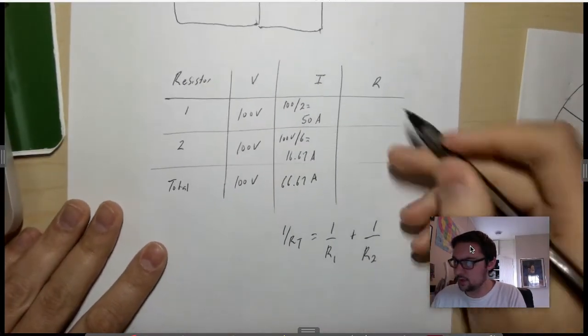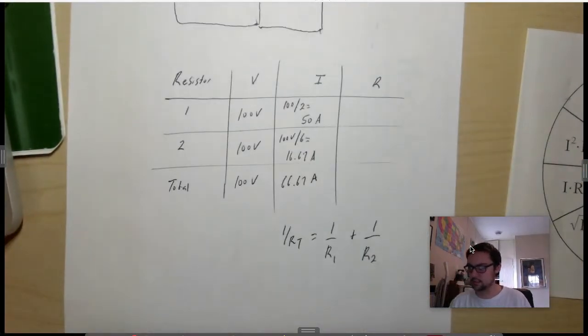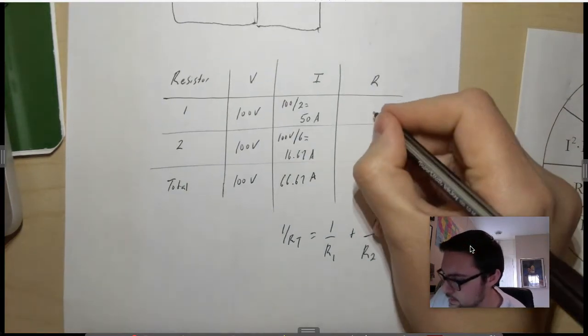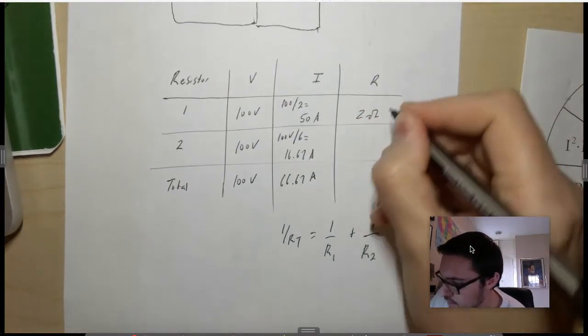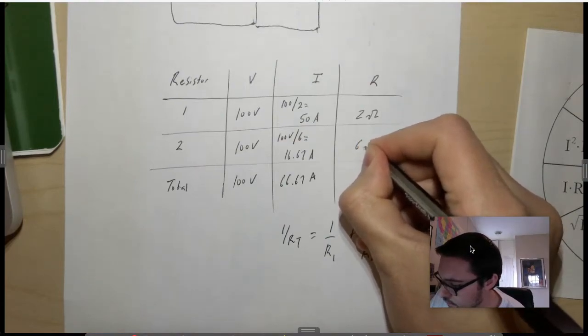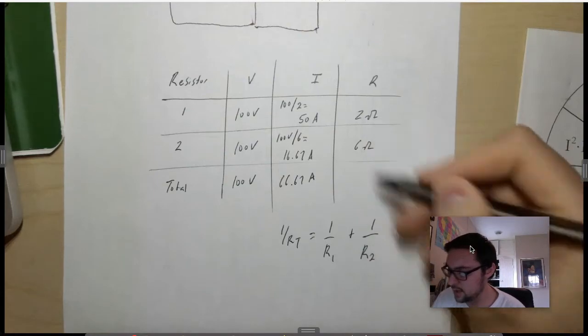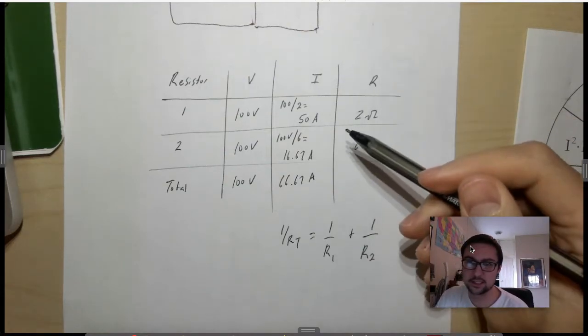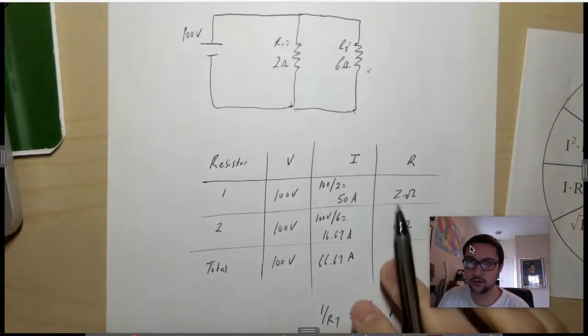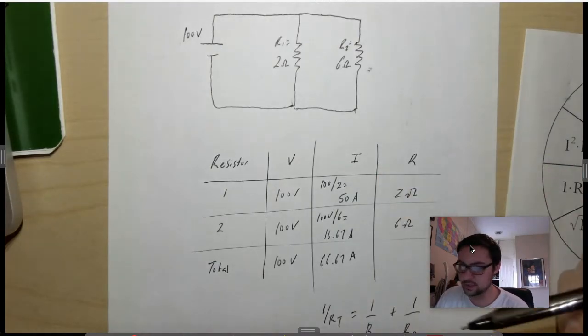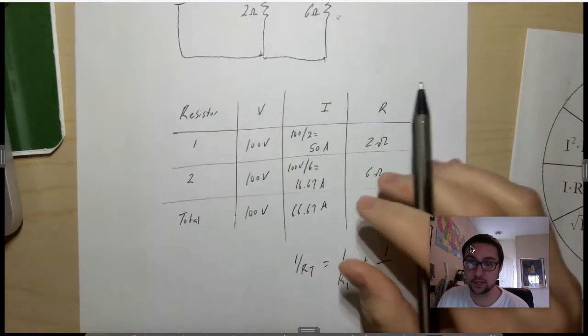So R1 has a resistance of 2 ohms, 6 is for resistance number 2. I can't just add them together. This is not in series. We are now in parallel. So I can't just go 6 plus 2 is 8. That would be incorrect. That's wrong.